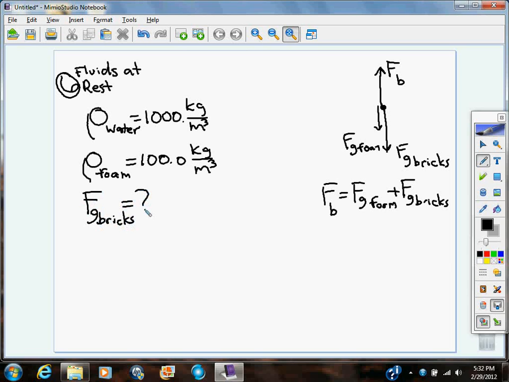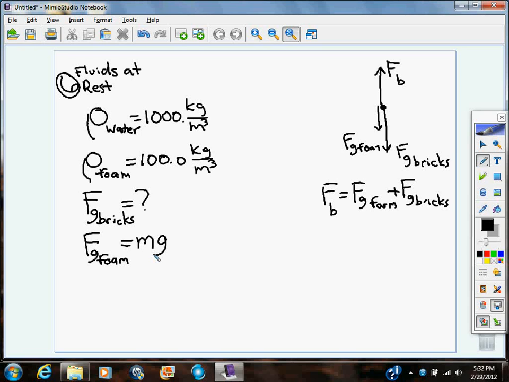So the first thing I want to do is figure out what is F sub G of the foam. Well, in most cases we've used F sub G equals mass times gravity. All right? But we're not given the mass, we're actually given the density in this case.